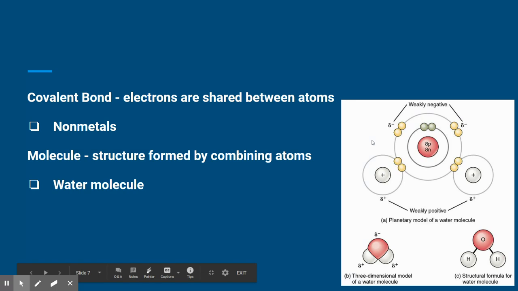Okay, and the planetary model, this is showing the electrons. And oxygen, being 8 protons, 8 neutrons, should have 8 electrons. Having 2 there, and then 3, 4, 5, 6, then one of these, and then one of these for 8.